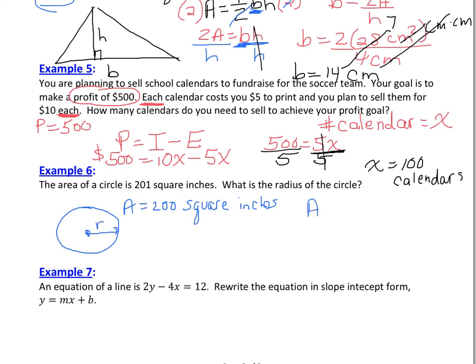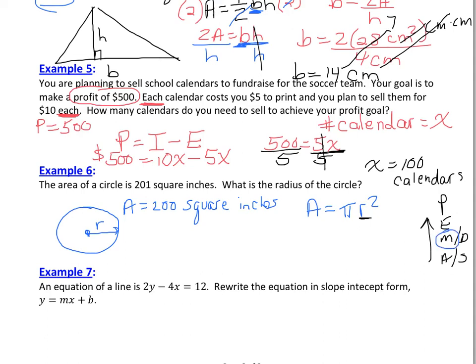Well, the area, if you look up the formula on the previous page, area of a circle is pi r squared. Let's solve for r. We're trying to get r. Well, we're going to undo the operations around r from the bottom up of PEMDAS. What we have is pi multiplying r.